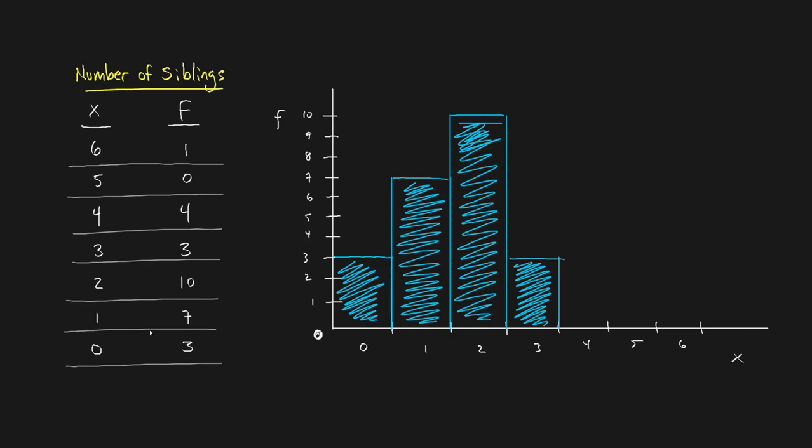So once you have the table, the histogram is a very straightforward process. Okay, so for 4, there are 4. And for 5, there's nothing. And for 6, there is 1.